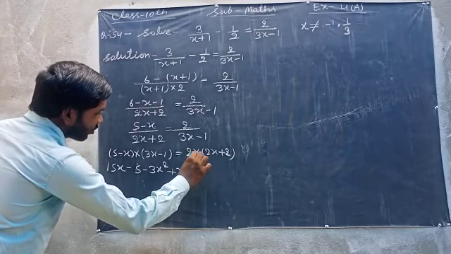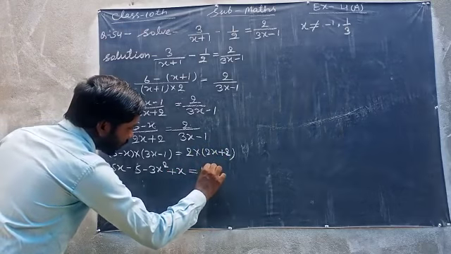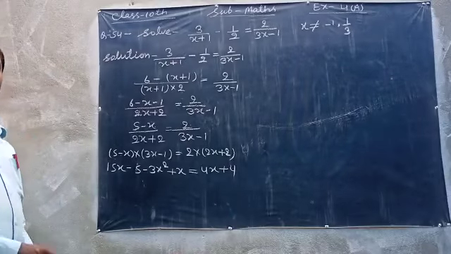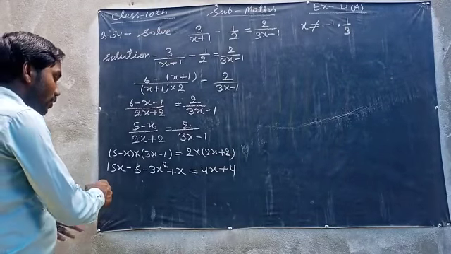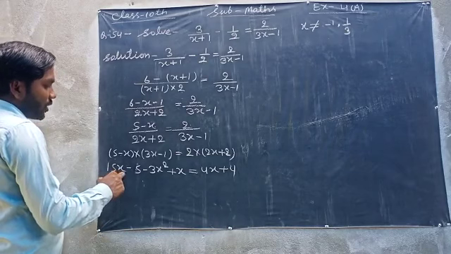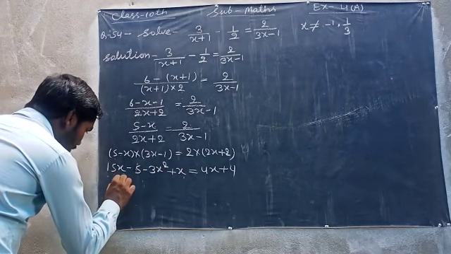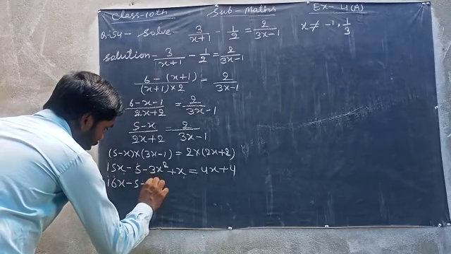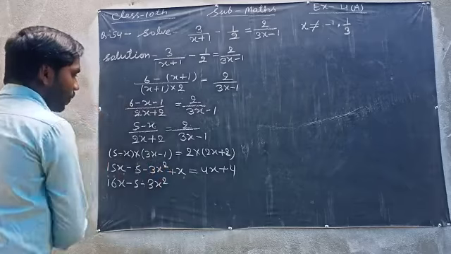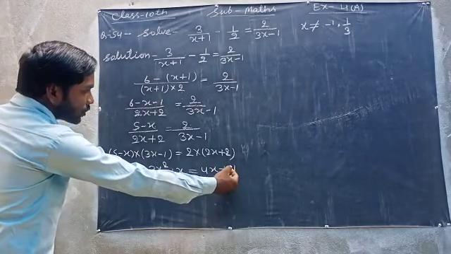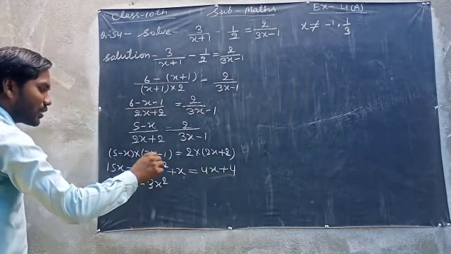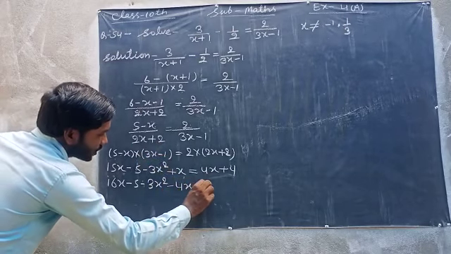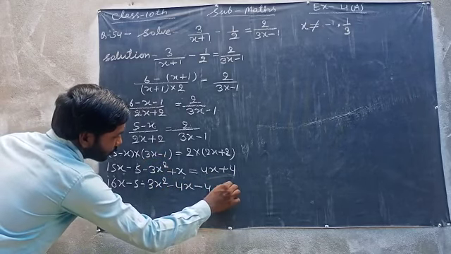Here it will be 2 into 2x, so 4x, and plus 2 4s are 4. Now you can see here it is 15x and x, so it will be 16x minus 5 minus 3x square. We will transpose this part to this side, so it will be minus 4x and minus 4 is equal to 0.